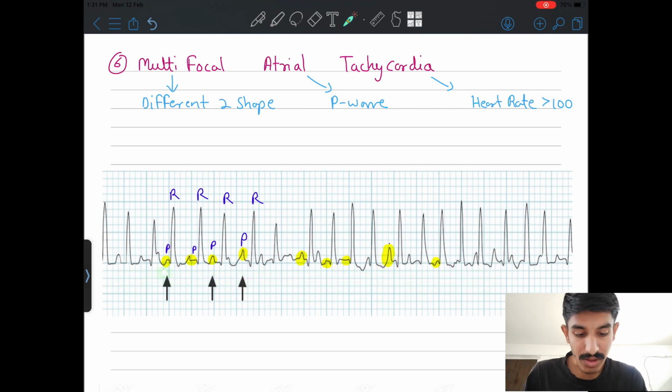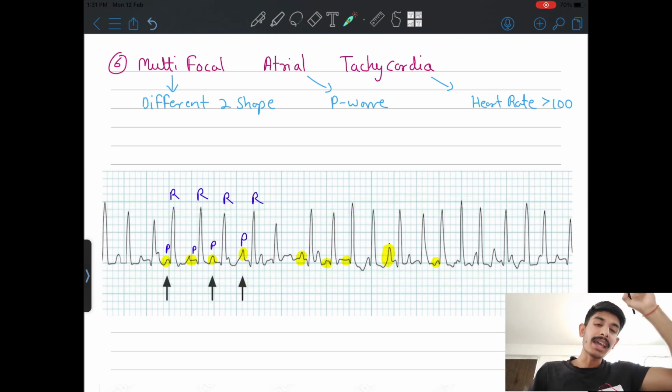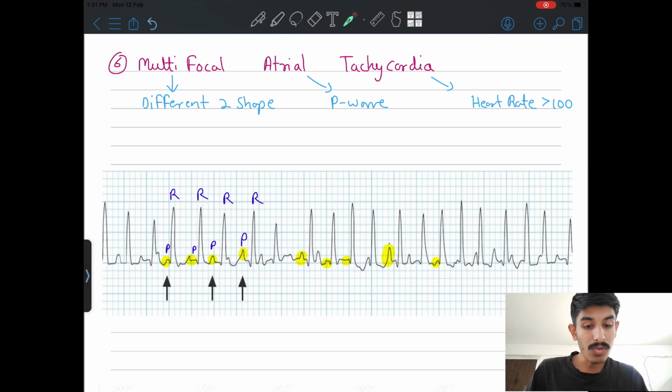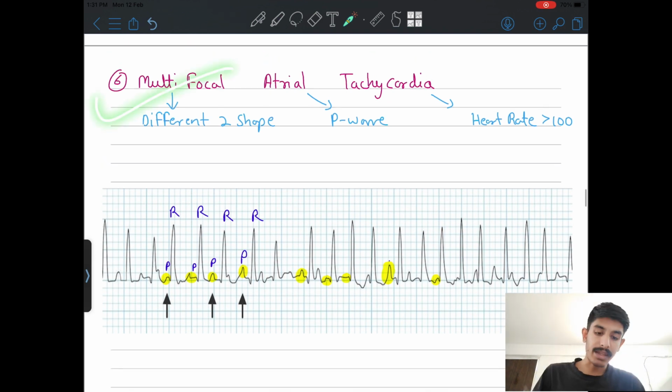Like here it is short, again here something, again another different. So the shapes of the P wave are different everywhere, and you can see the height of the RR is also not proper, they are not equal. Some are going high, some are low, some are high. So this is known as multifocal atrial tachycardia. So you will make the diagnosis by this.